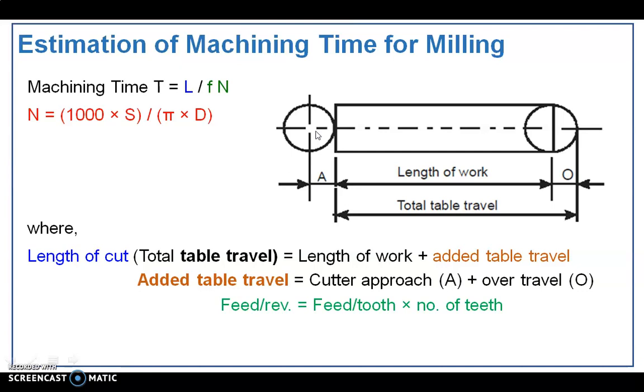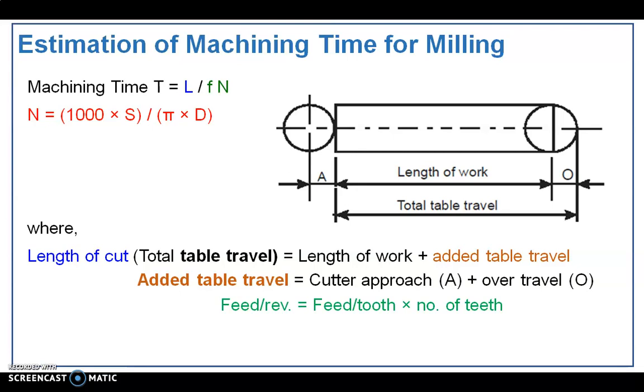When the milling cutter fully immerses into the workpiece, a certain distance has to be moved. The distance traveled from touching the workpiece to the center of the milling cutter is called approach. Likewise, at the end also the milling cutter has to clear the workpiece, that is called over travel or over cut.